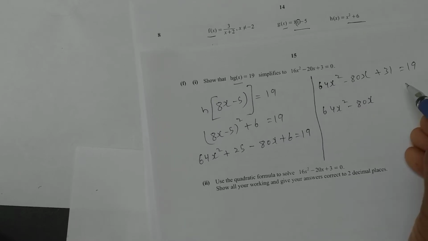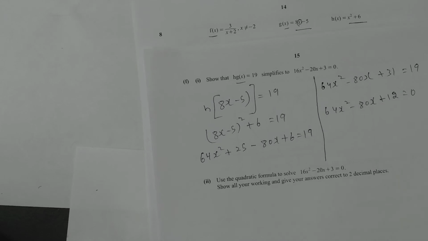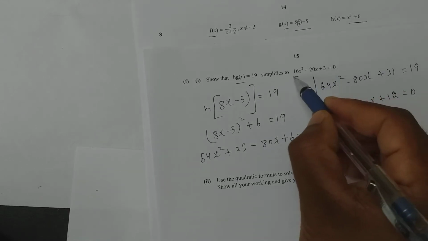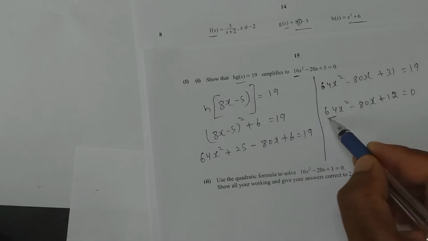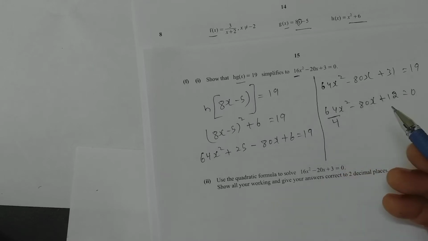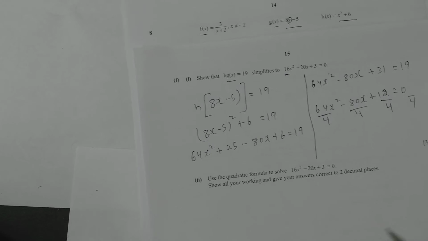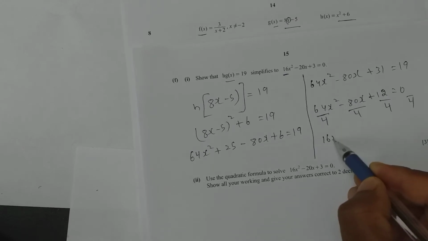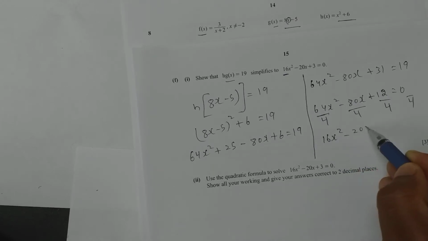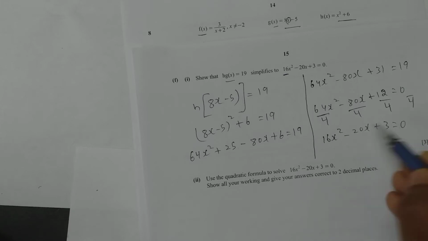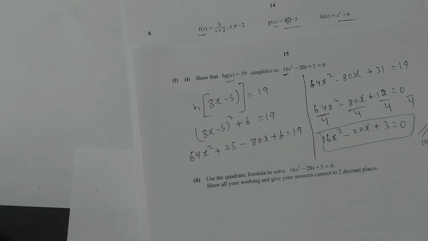How much will you get? You will get 12, so plus 12 equal to 0. Now here he has 16, I have 64. 64 if I divide by 4 I get 16. So divide by 4 everywhere. So it becomes 16x square minus 20x plus 3. So we got the equation that he is asking us to show.